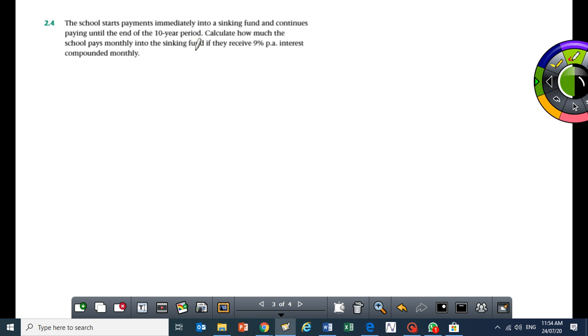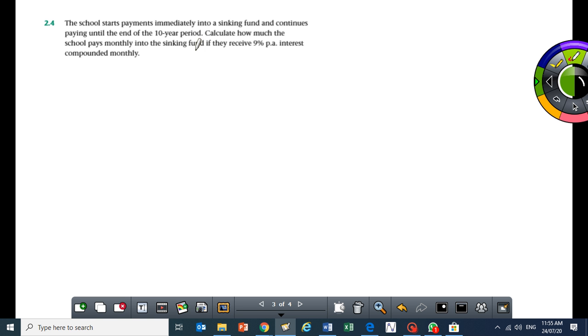Now it says the school starts payment immediately into a sinking fund and continues paying until the end of the 10-year period. Calculate how much the school pays monthly into the sinking fund if they receive 9% per annum interest compounded monthly.